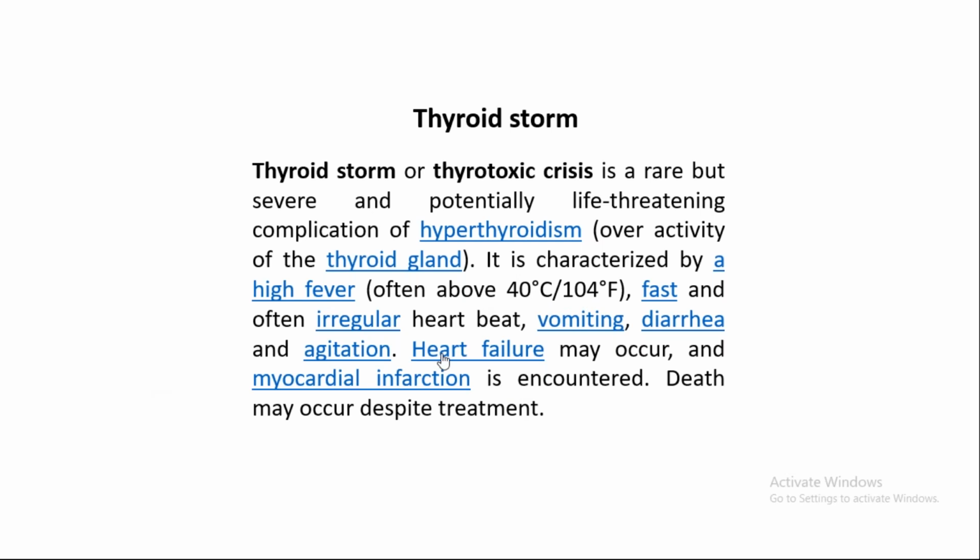With higher temperature, all the tissues in the body may not cooperate with the function. Ultimately, this will lead the individual to death. So death may occur despite the treatment. This type of situation in the patient is known as thyroid storm or thyrotoxic crisis.